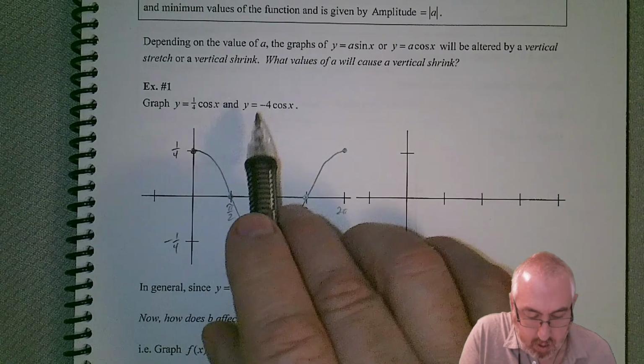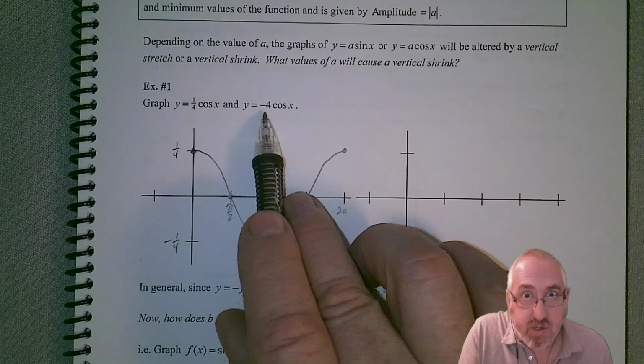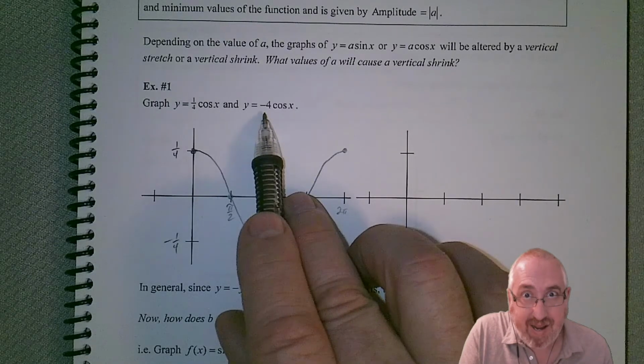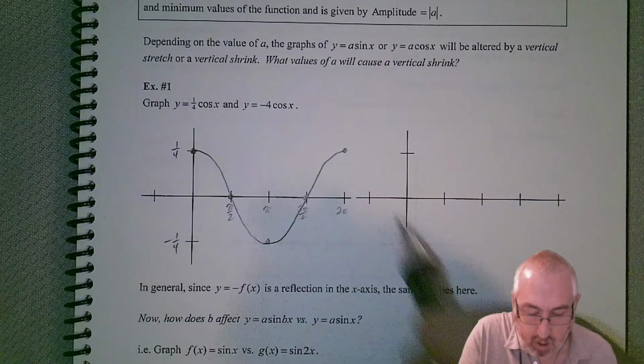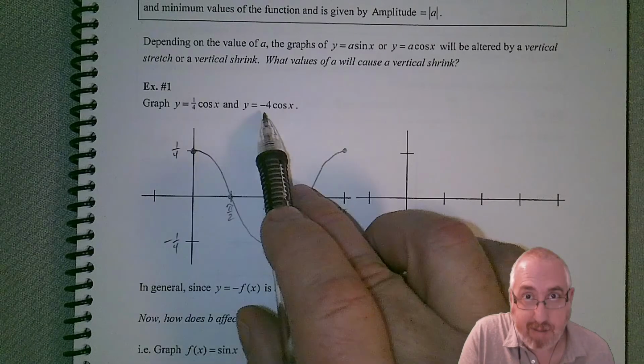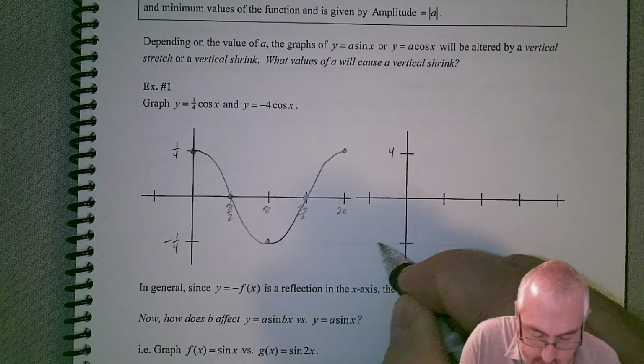So we have y equals -4 cosine of x. So now all of those y values are multiplied by -4. So what do you think is going to happen now? Our amplitude in this case is 4. Remember, because we have to take the absolute value of that. So we got 4 and -4.